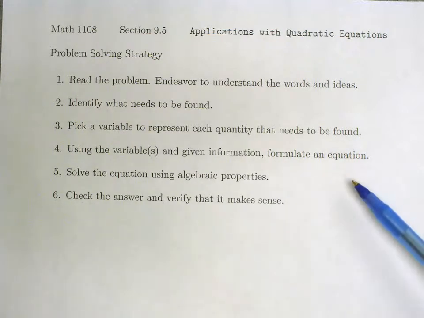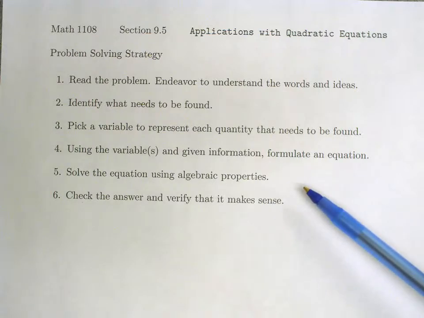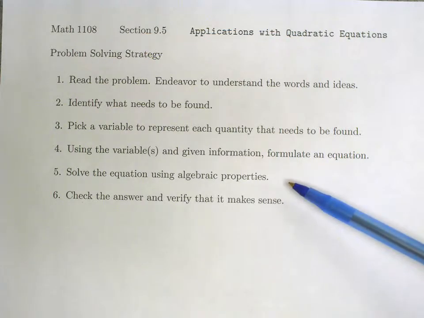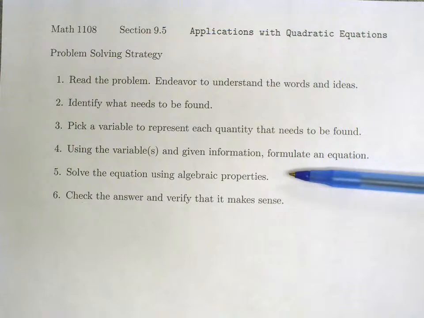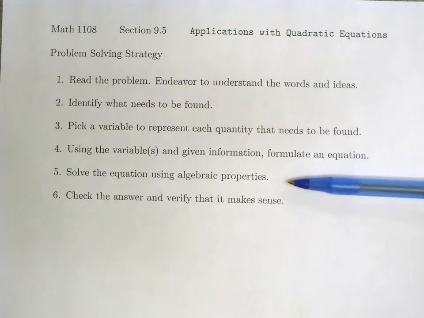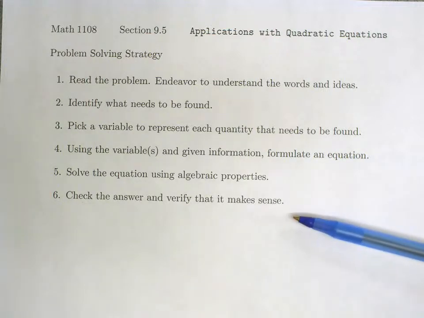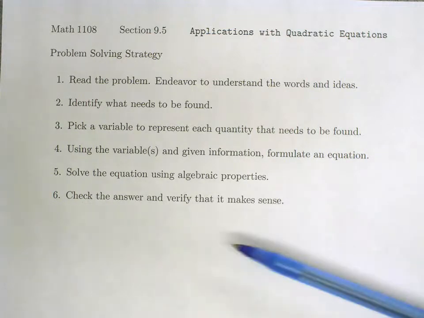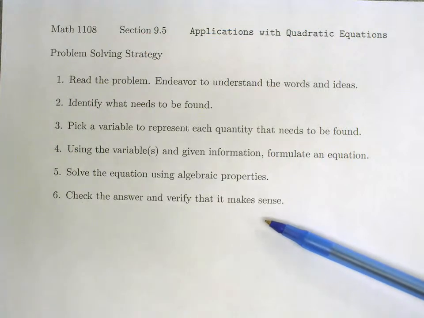And we've had experience doing this with other types of problems. Then solve the equation using algebraic properties. Don't try to invent a new method. Just use the methods that we know about. And then you can always check your answer and verify that it makes sense.